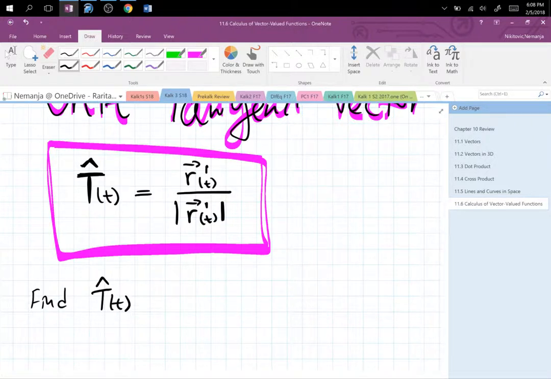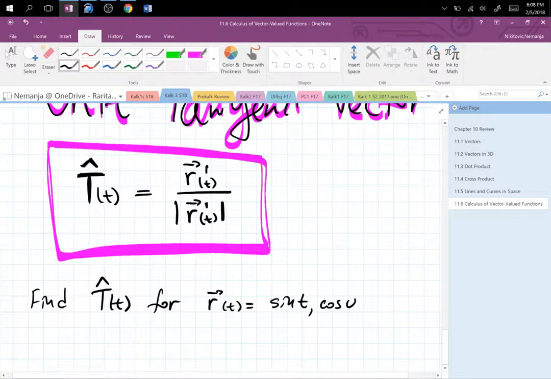So find the unit tangent vector for r of t equals sine t, cosine t, and t.